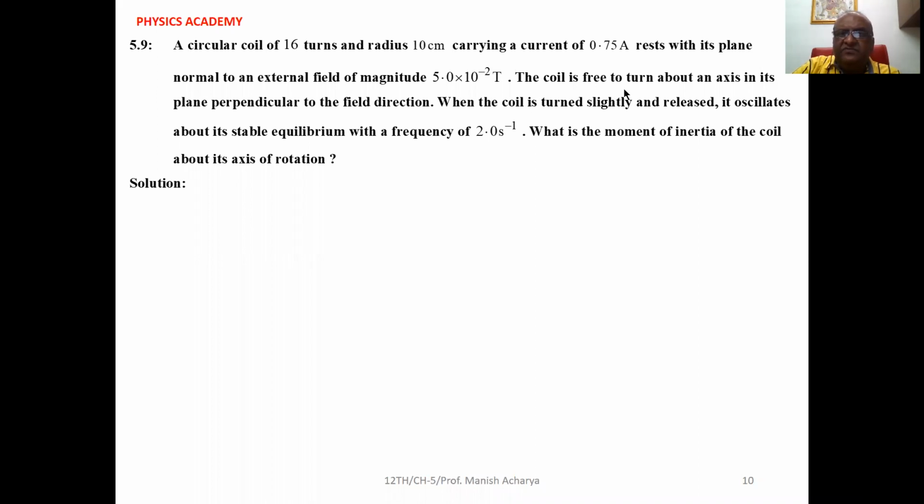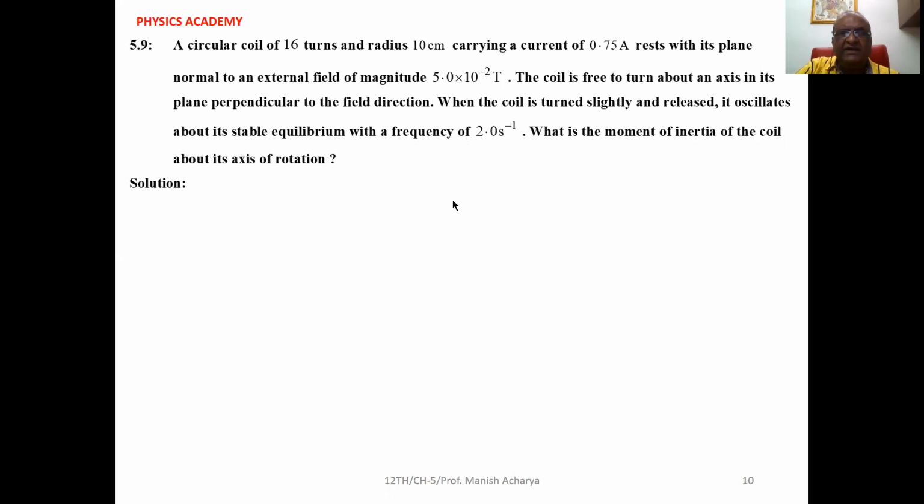The coil is free to turn about an axis in its plane perpendicular to the field direction. When the coil is turned slightly and released, it oscillates about its stable equilibrium with a frequency of 2 second inverse. What is the moment of inertia of the coil about its axis of rotation?